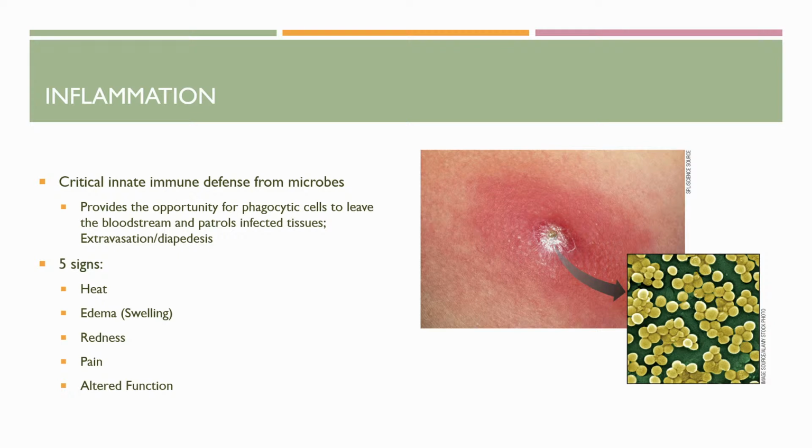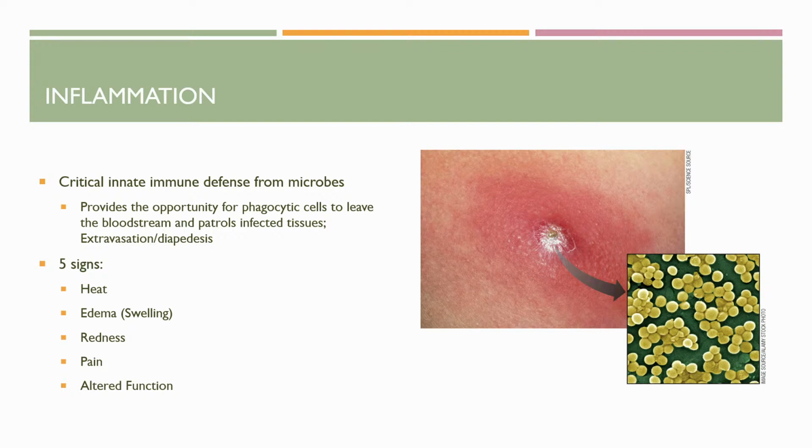And so we stopped here, and I wanted to go over what inflammation is, like what's actually happening when you have an inflammatory response. When you have inflammation, it's technically a good thing. It means your body is doing its job. It's a critical immune defense mechanism. Basically, this inflammation is essentially extravasation or diapedesis.